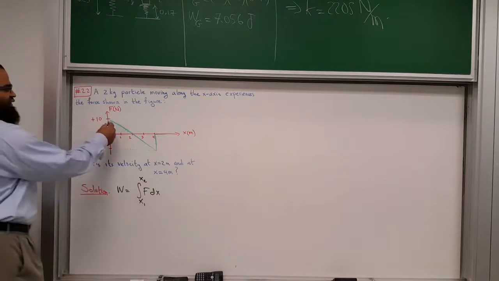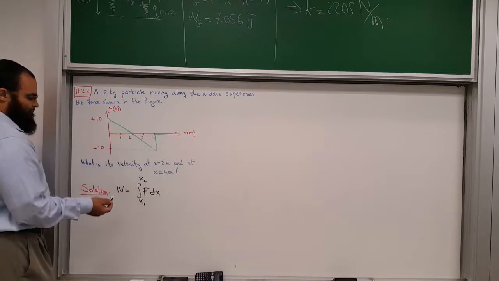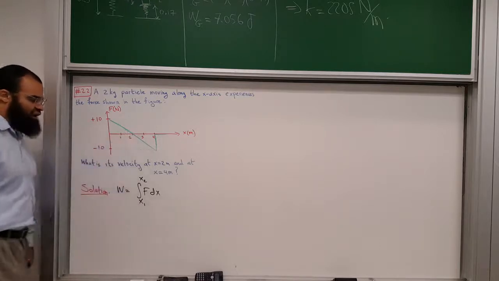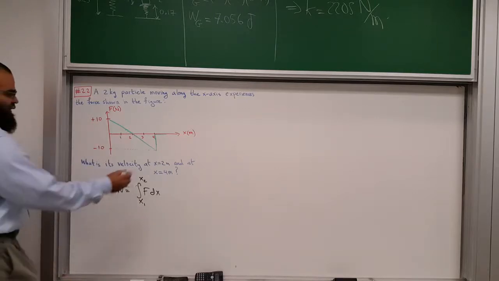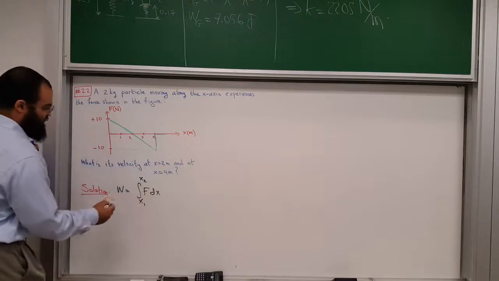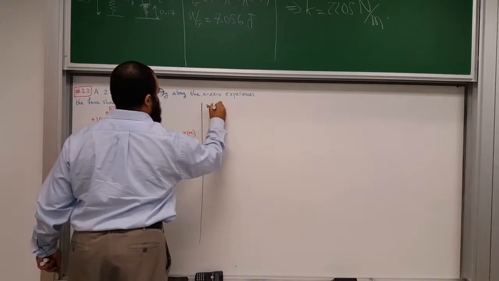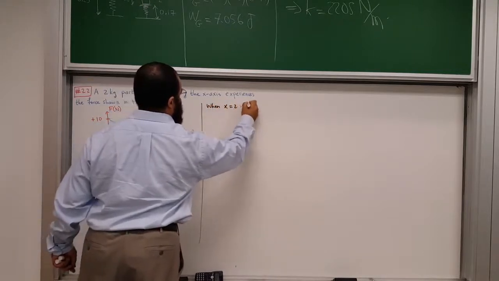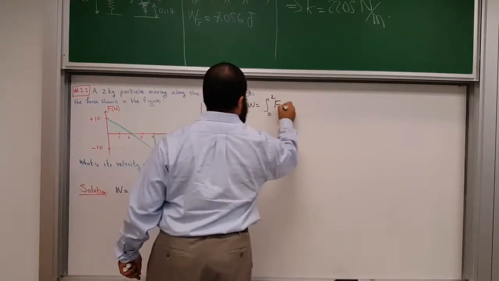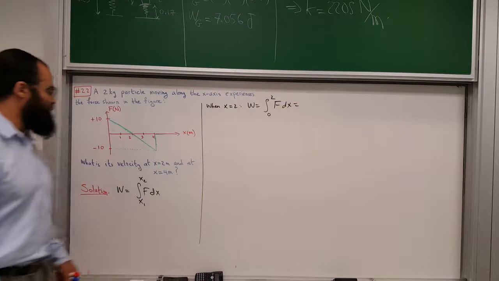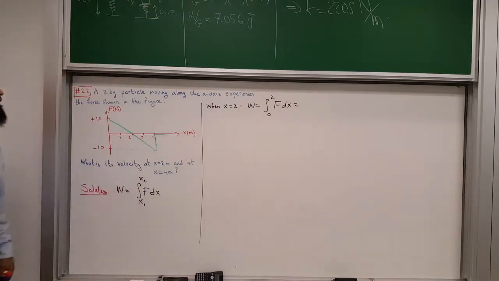But here's the force as a function of x, so the integral is just the area under the curve. When x equals 2, the work done will equal the integral from 0 to 2 of F dx. X initial is 0, and x final is 2.